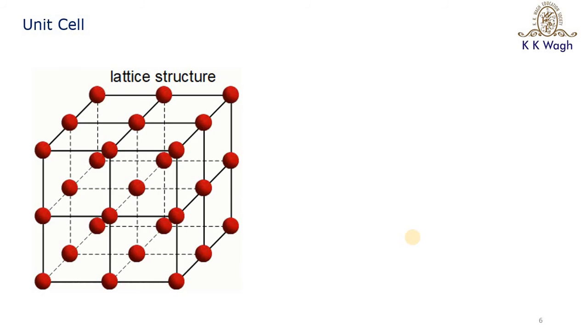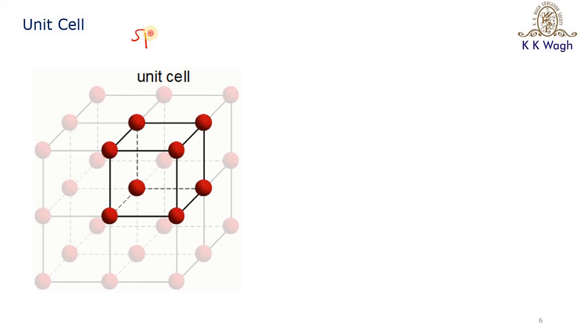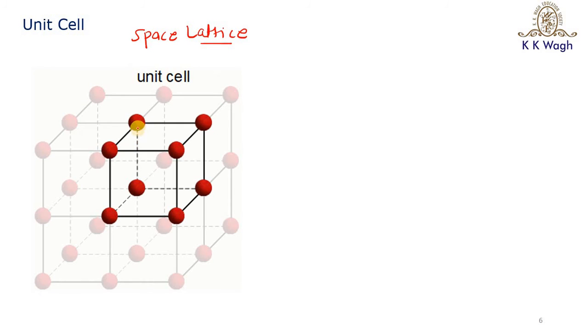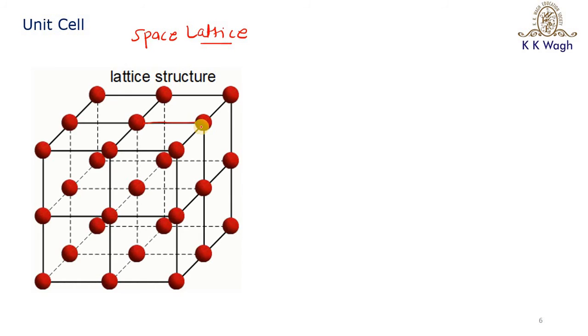Then what is a unit cell? Before talking about the unit cell, let me explain what is called the term space lattice. If suppose these are the atoms in space and all these atoms are to be connected by imaginary lines, all these lines you can observe here are imaginary ones.